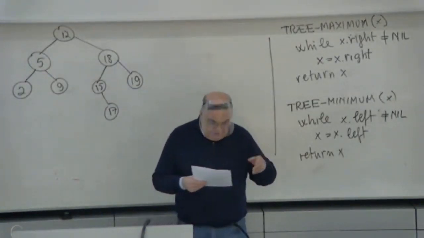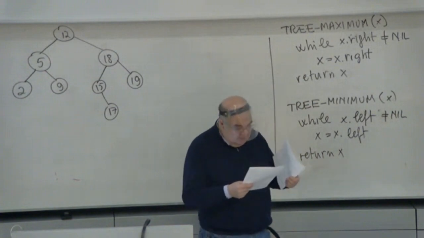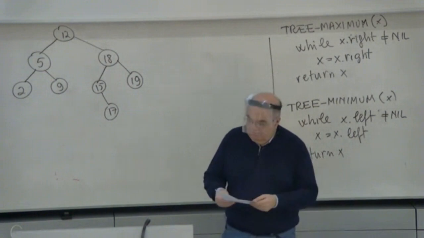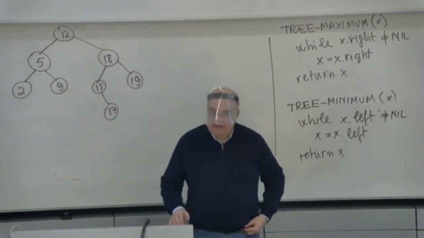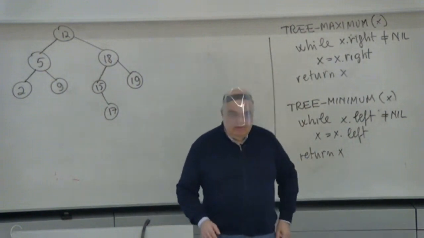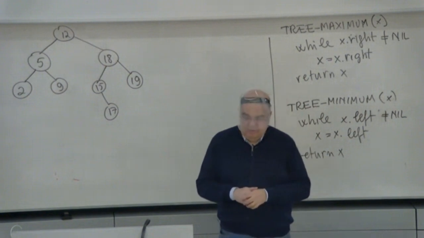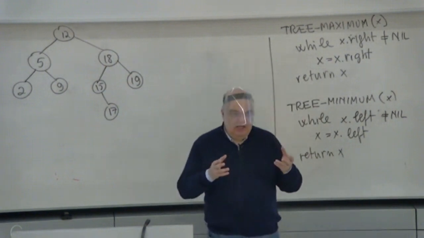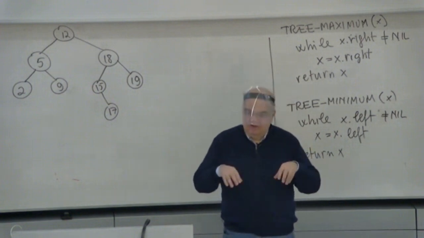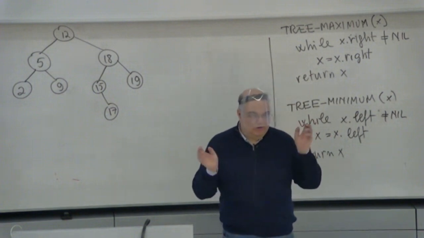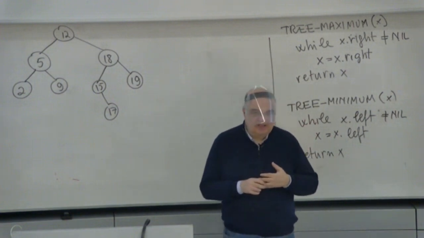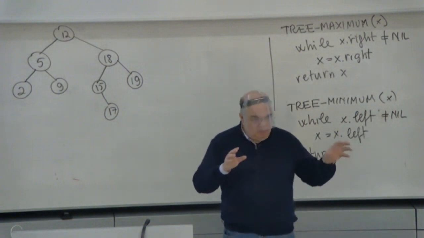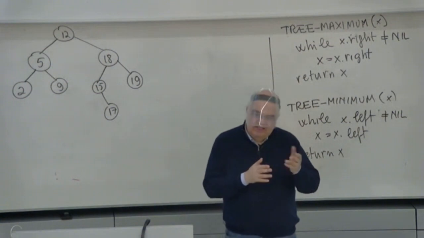The next chapter in the book is about insertion and deletion of a node in the binary search tree. Deletion is a bit tricky. Essentially, deletion is easy when there are no children, because you just remove the node. It's not that easy when there are children, because you have to move the subtrees from one node to another one.